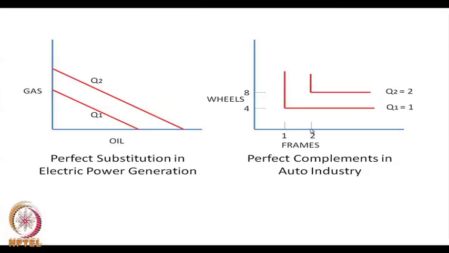If we use 2 frames, that is for 2 cars, we need to have 8 wheels. The quantity produced is 1 car here and the quantity produced is 2 cars here. So, we see there is no substitution here, and here is a case of perfect substitution.